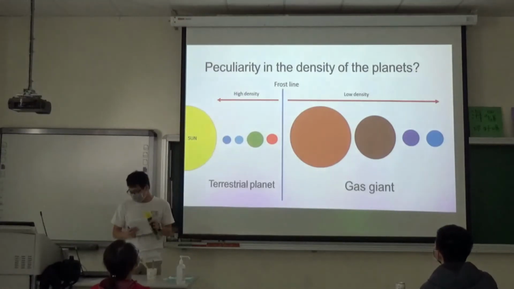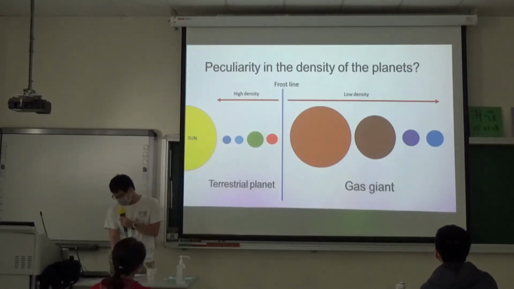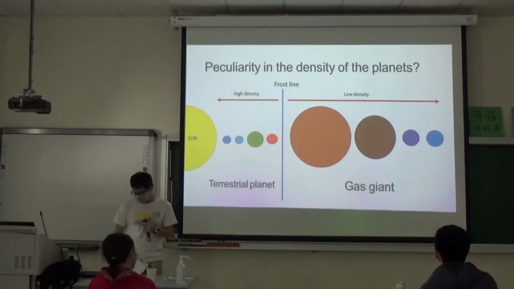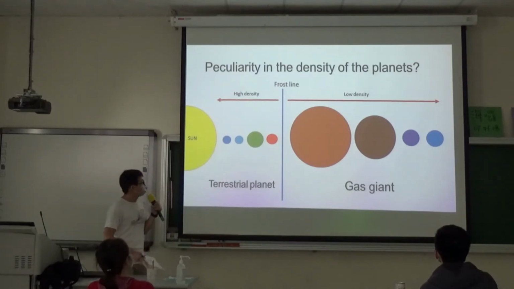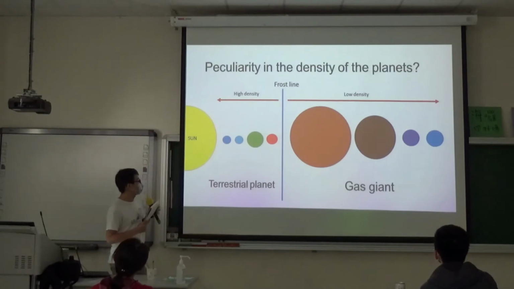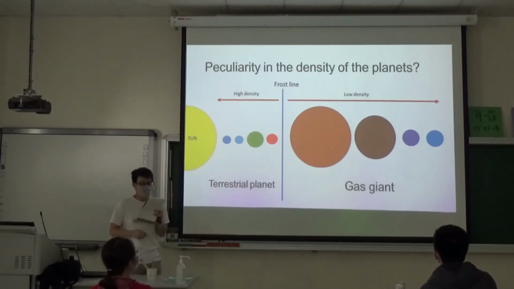Okay. And the second question is the density of the planet. It is related to the nebula theory because at first the sun formed, and the sun will have the solar wind, so it will blow all the ice and the gas out past the frost line.